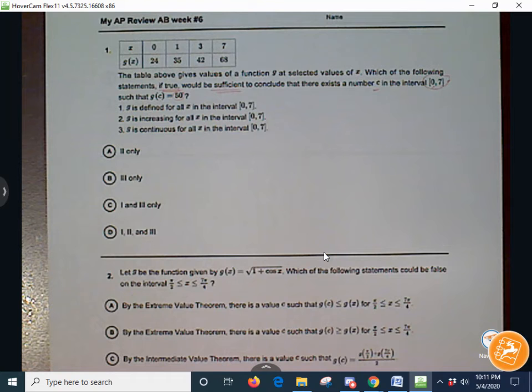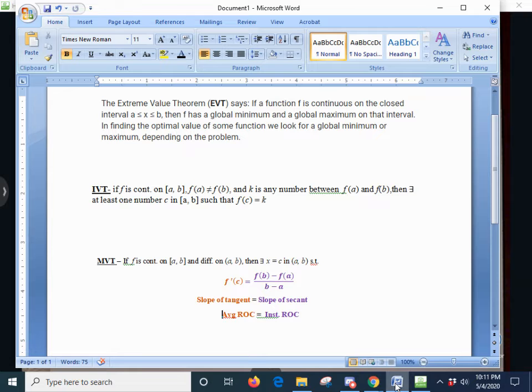Okay, so if I think back at my theorems really quickly, I know it's not going to be mean value theorem because they're not talking about anything about being differentiable or slopes. It could be extreme value theorem or IVT. But extreme value theorem talks about having an absolute minimum or maximum, so it's most likely not EVT.